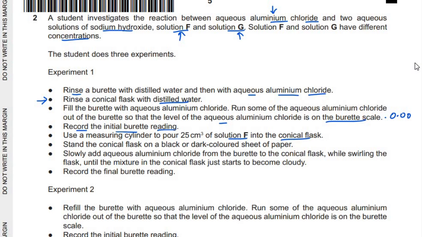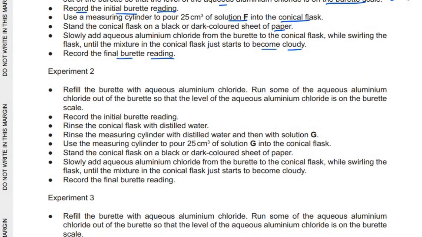Now stand the conical flask on a black or a dark colored sheet of paper. Slowly add aqueous aluminium chloride from the burette to the conical flask while swirling the flask until the mixture in the conical flask just starts to become cloudy. Okay, record the final burette reading. Now refill the burette. The second experiment says refill the burette with aqueous aluminium chloride.